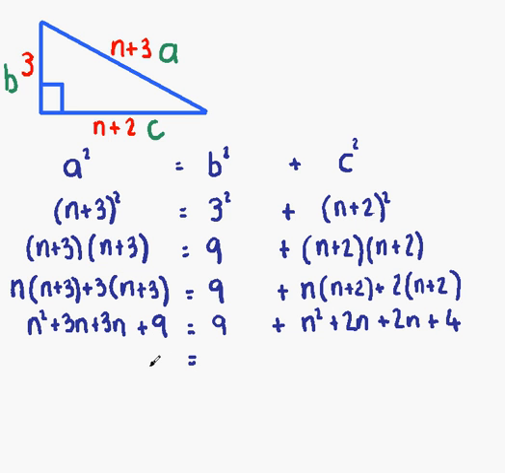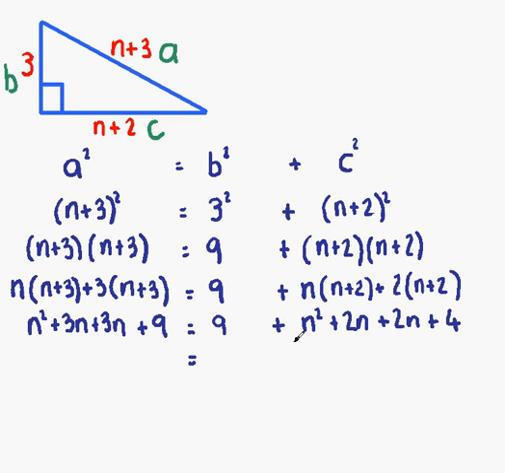What we can do now is start to simplify each side where we can, and if there's anything that can be cancelled, we can do that at this point also. Now on the left hand side, the first thing you'll notice is n squared. If you look at the right hand side, we have something which is exactly the same, another n squared.